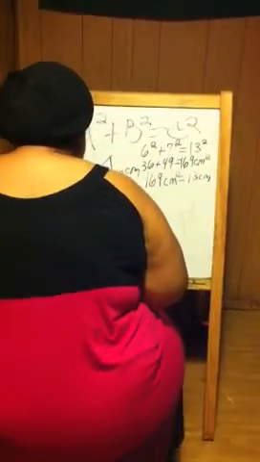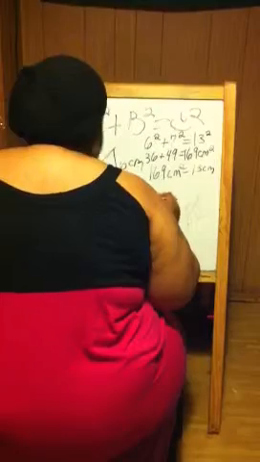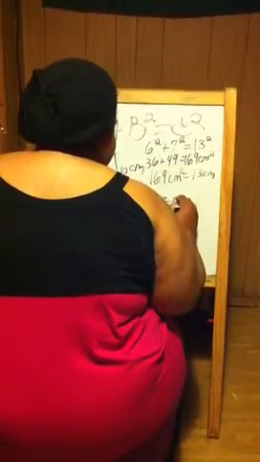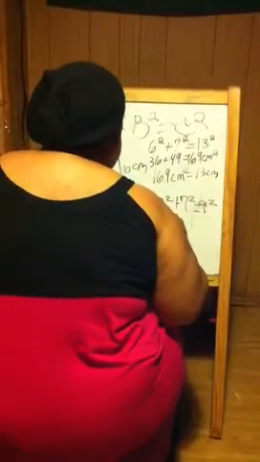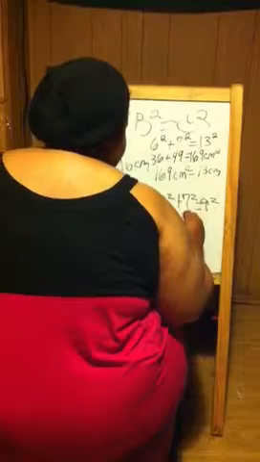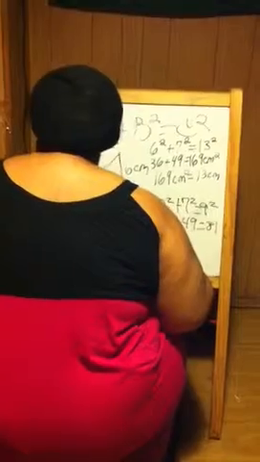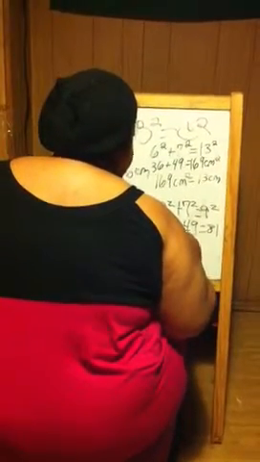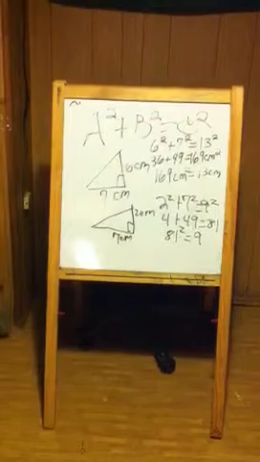Teresa. 2 squared plus 7 squared equals c squared. 2 squared is 4, plus 7 squared is 49, equals c squared, which is 53. Good job. Now that wasn't so hard at all, was it, guys?